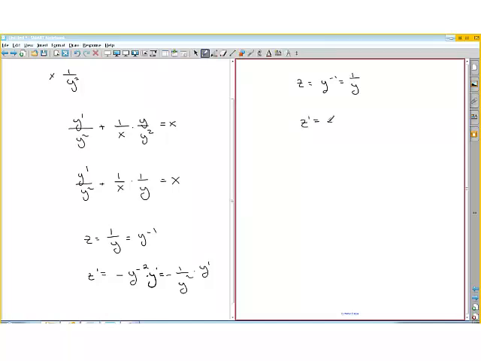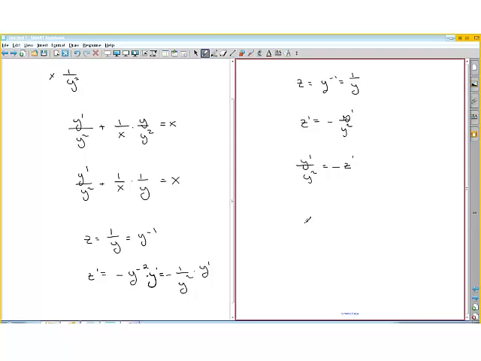We know that z prime is equal to negative y prime over y squared. So y prime over y squared is equal to negative z prime.